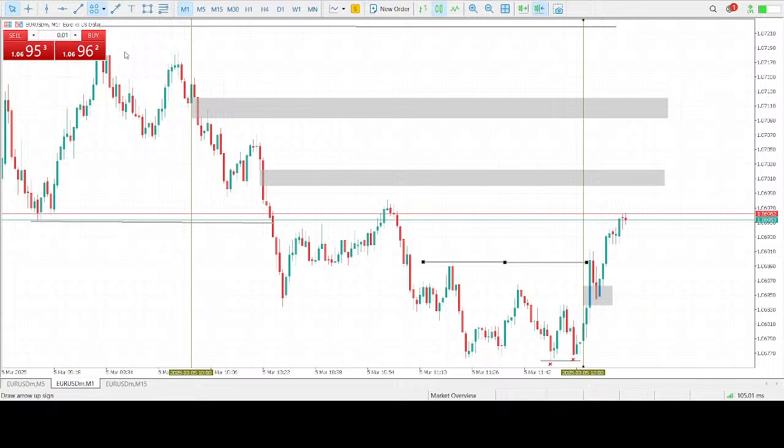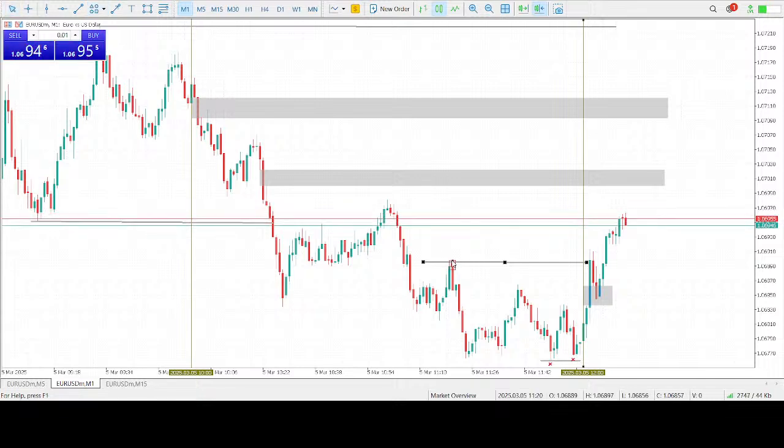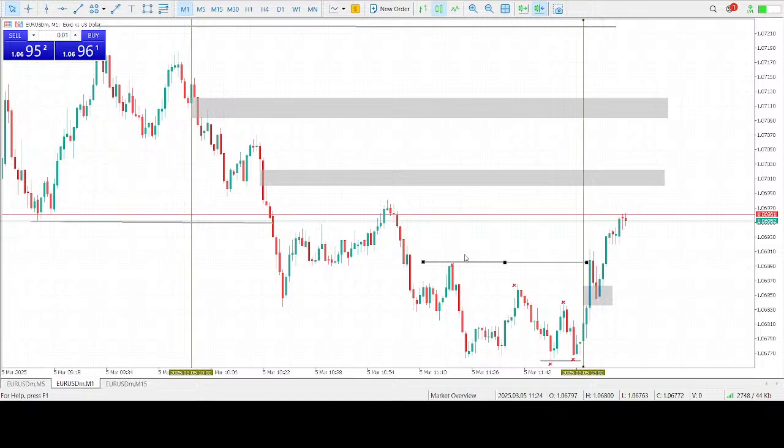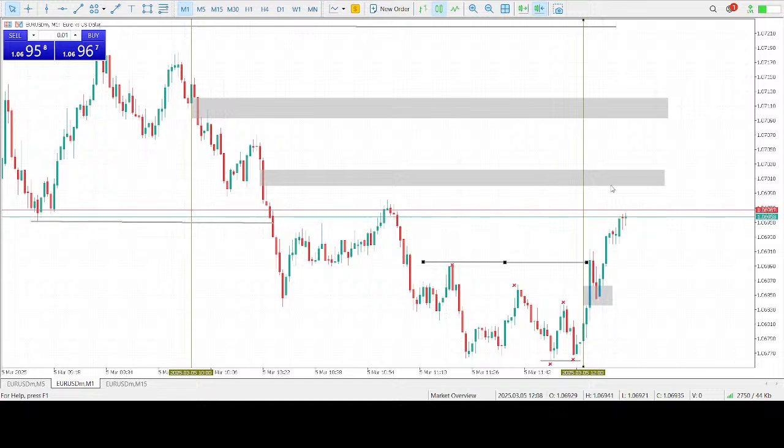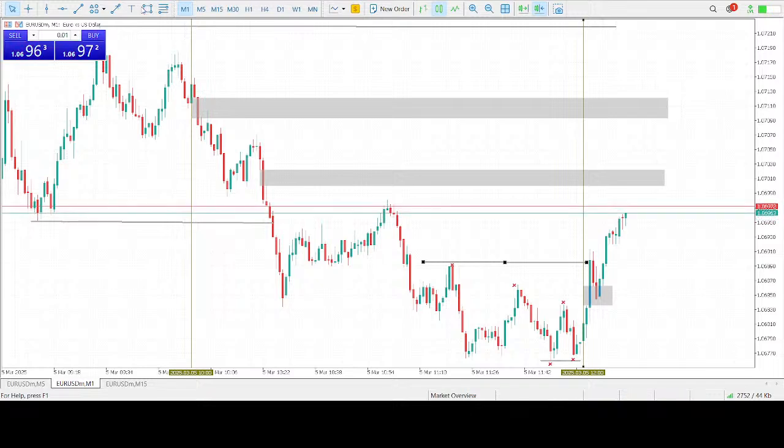So in this case there was this, and then there was this, and there was this. It has been taken out, so I would want to look at the reaction that comes off majorly of this point and see how price rallies downwards to react off of that. But I do not yet have what to use down here.